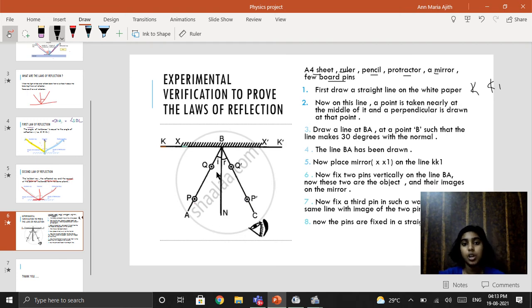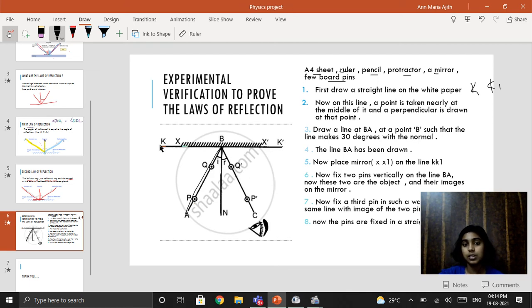And beside the normal, from my point B, approximately at 30 degrees, I am drawing another line and I am naming that line as BA, and then I am placing a mirror on my line KK1.